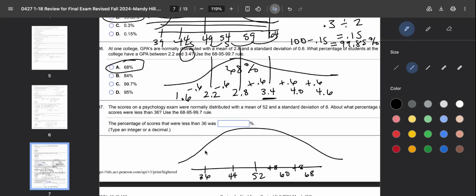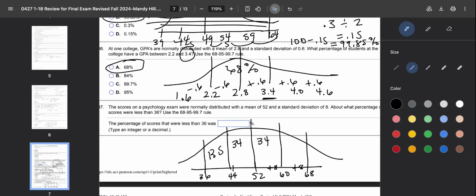So let me do a good job of jotting this down. So this is 34, 34. This got us to 95. So 95 minus 68 divided by 2 is, I think I wrote that on one of those graphs up there wrong.